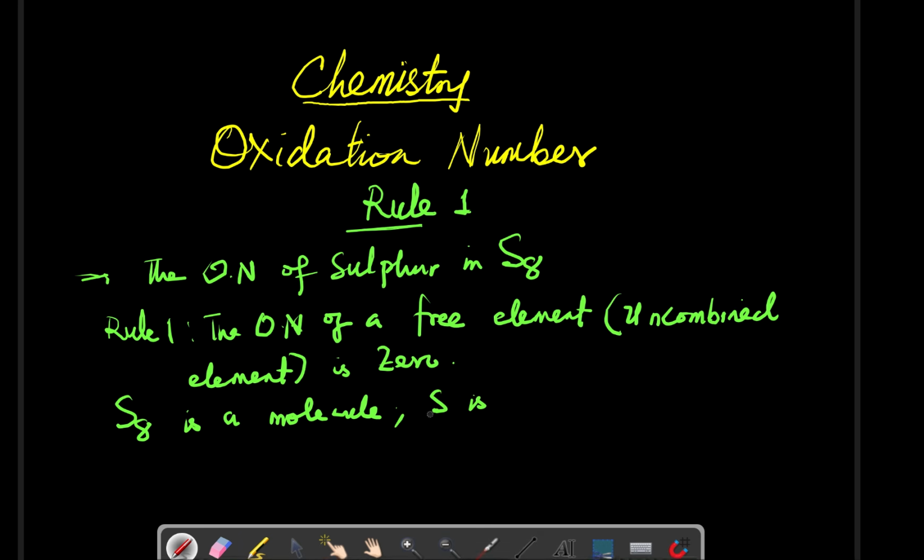Why they talk about a free element, like oxygen or sulfur, is that we have nothing attached to them. S is a free element. And if you check this S, it does not even have a charge. There is no charge on it, like on top here you would have plus or minus, no charge.